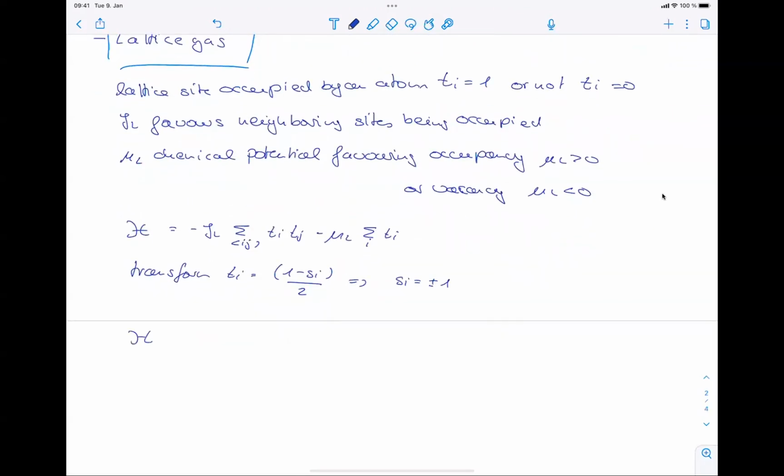And then my Hamiltonian can be rewritten by plugging this in, right? Writing Ti as (1 minus Si) over 2 and Tj as (1 minus Sj) over 2. Again, I get a term Si Sj. I get linear terms and I get a constant term. So Si Sj, then I get the linear terms from here, which I will lump together with the term from the chemical potential.